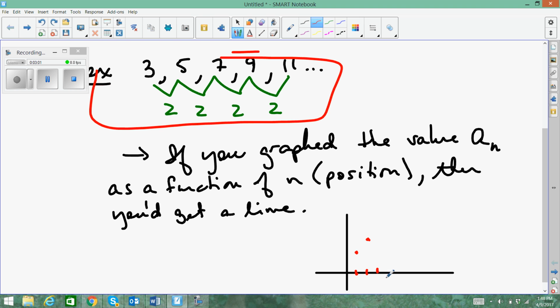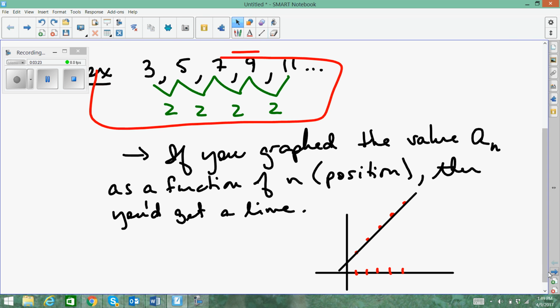And in the third position you have 7. And in the fourth position you have 9. And in the fifth position you have 11. And voila, that is a line, right? Look at that. Beautiful. All right. So that is what an arithmetic sequence is.